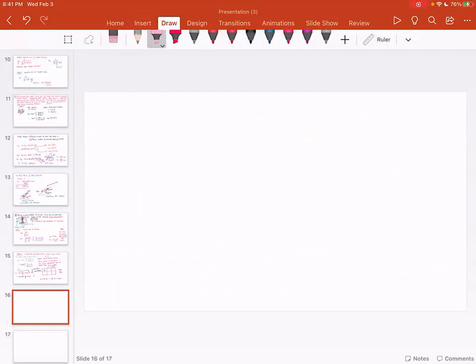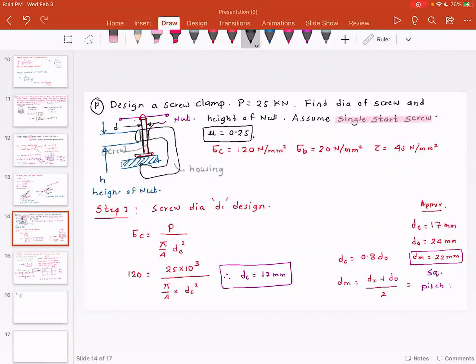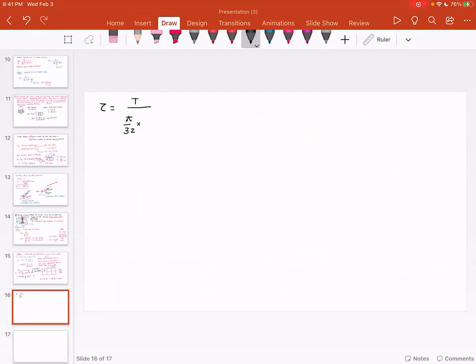And once you know the value of torque, you can find out the value of tau, which is torque divided by pi by 32, the value of d, which is 22, and that will give you the value of tau.